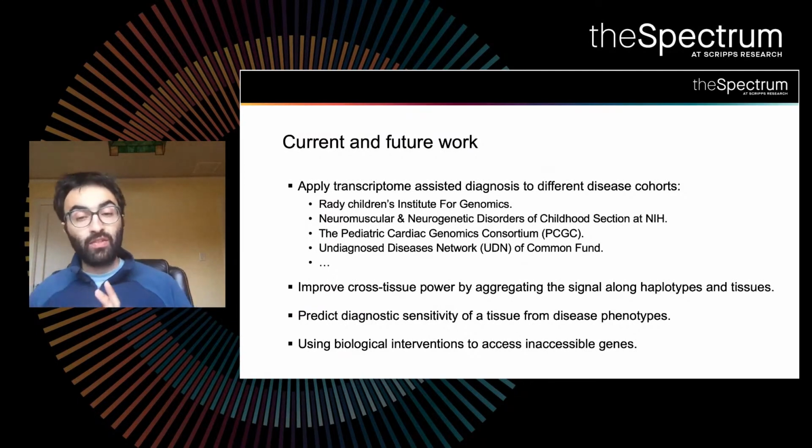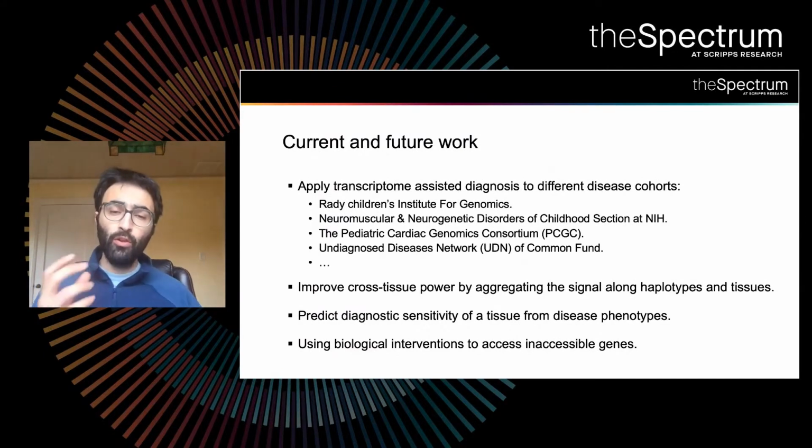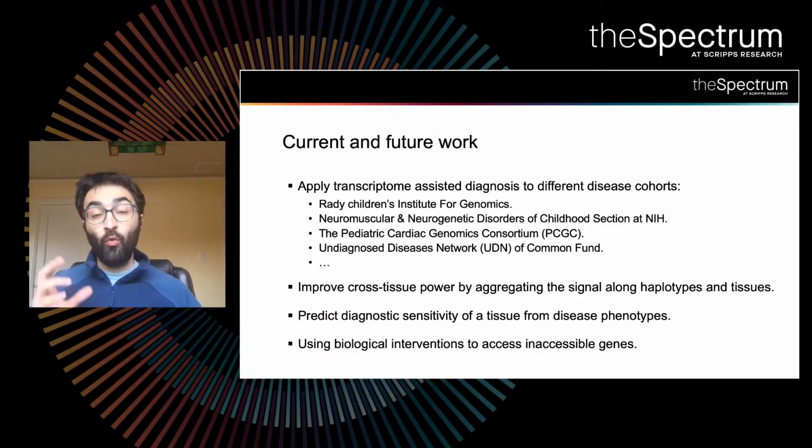That involves improving statistical power through a range of different methods that can identify dysregulated genes more accurately from the data that we have available, but also looking into methods that can help us identify which tissues are more helpful or what kind of genes are likely causing our disease, and also looking at biological and pharmacological interventions that can help us access genes that are otherwise not accessible from tissues that we have at hand, like blood, and see, is there a way we could modify these cells somehow to reach genes that we would not otherwise have normally.